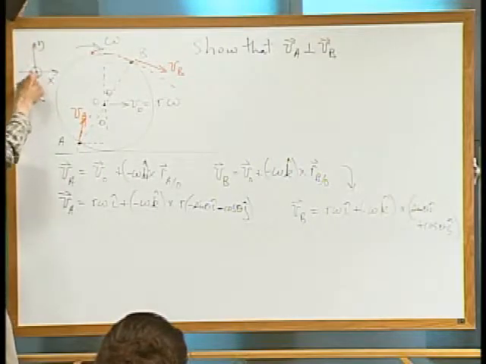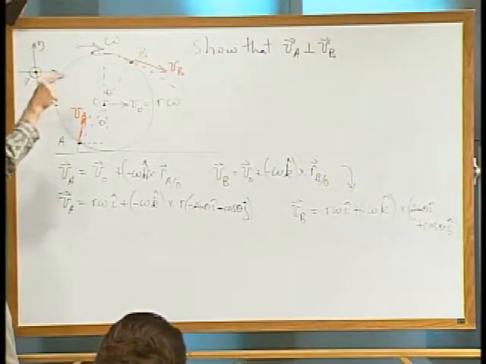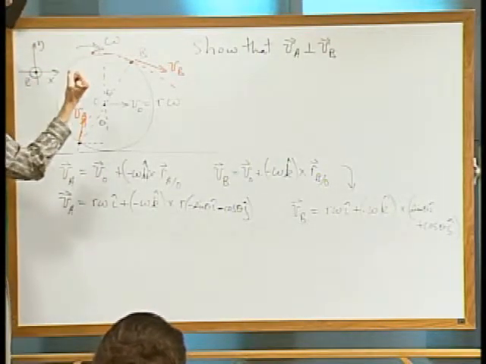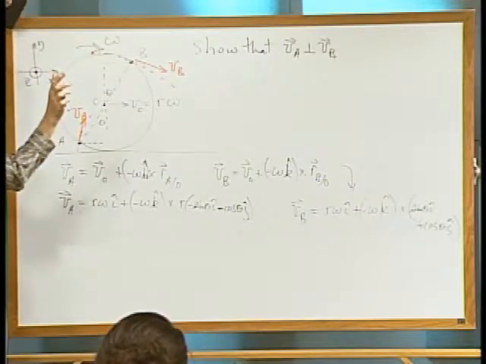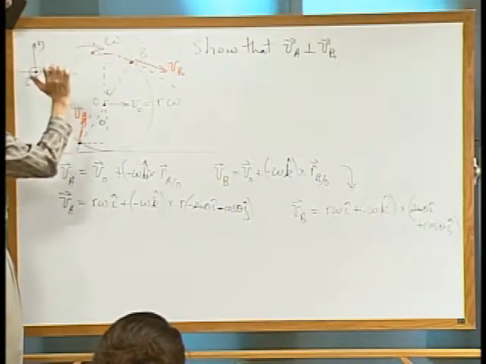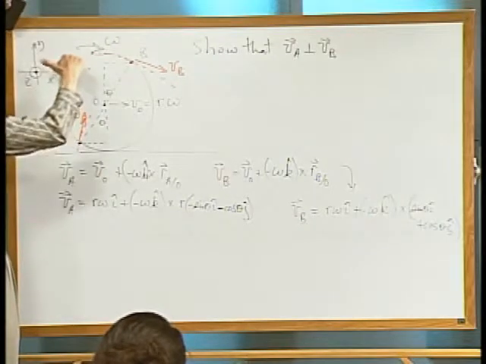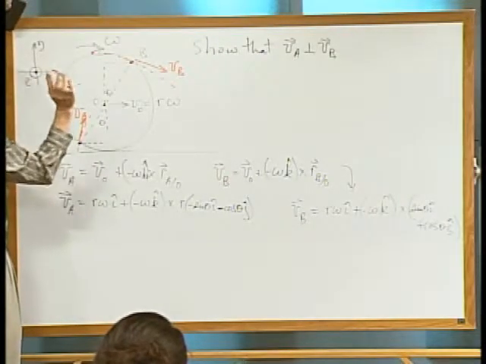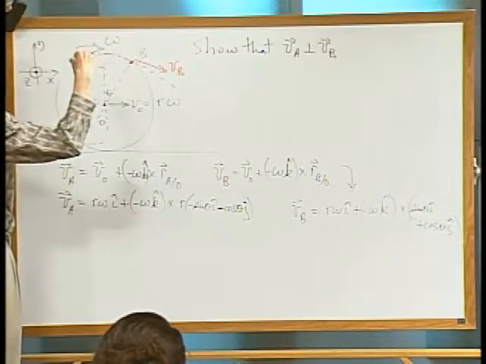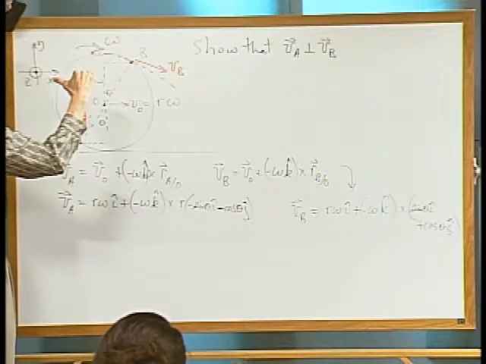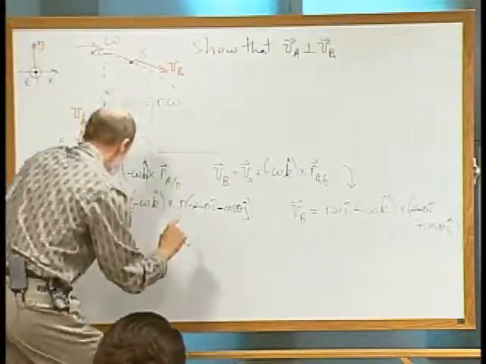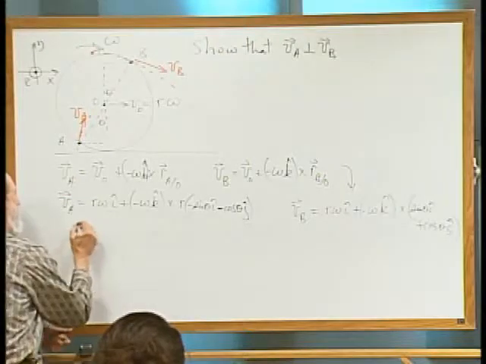If you take k coming out of the board towards you, and you cross that with j, you get negative i. K cross j with your right hand, k out of the board, crossed with j, gives your thumb pointing to the left. Now watch out for the signs here.